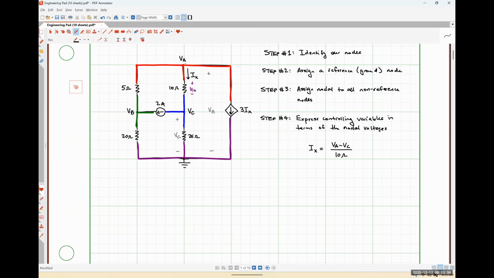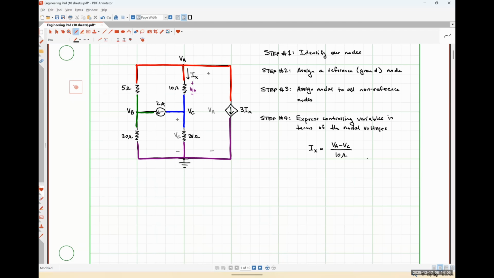So the node where it starts minus the node it's flowing to, divided by the resistor value, is going to give us the exact same result as doing that KVL and then Ohm's law in a subsequent step. So this is how I'm going to do it faster from here on out and how I suggest you guys do it as well. Okay. So this is our only controlling variable. So we are good to move on to step number 5.